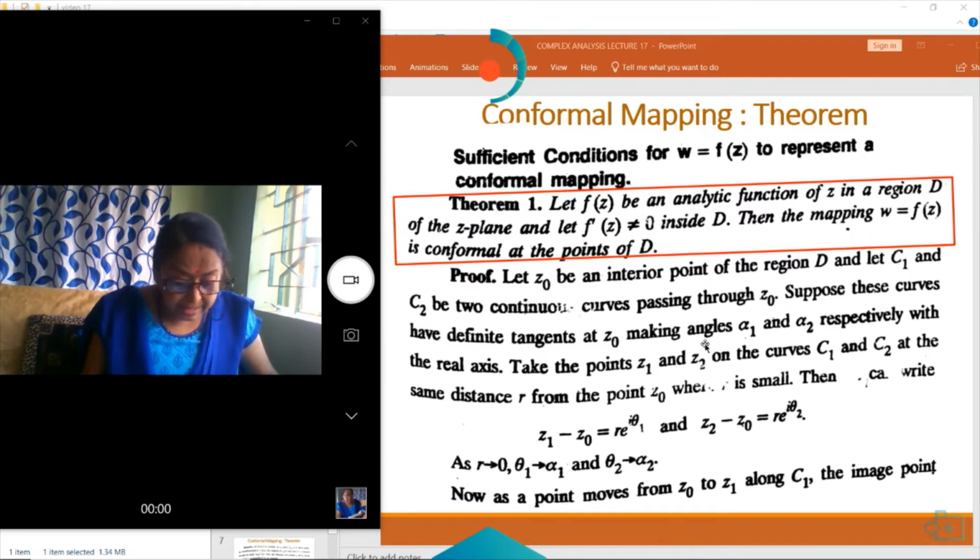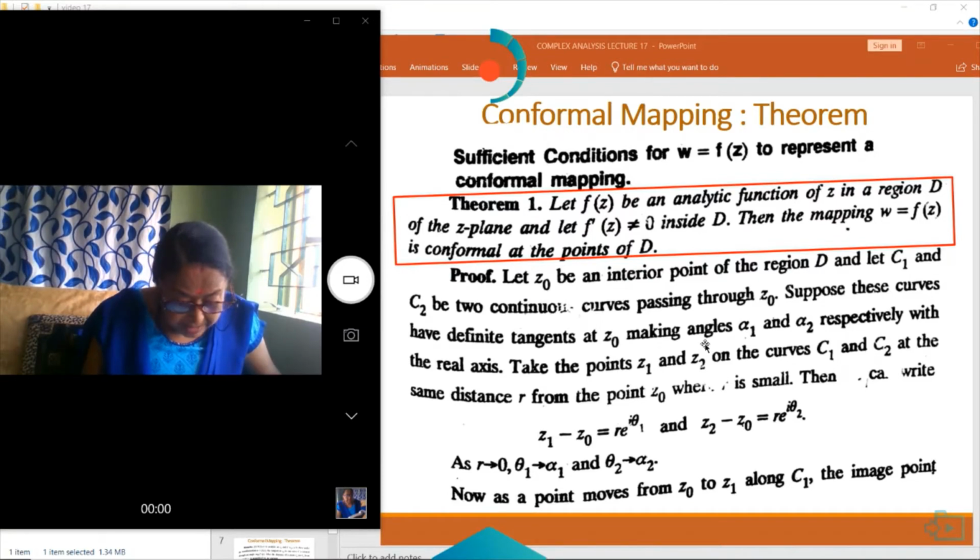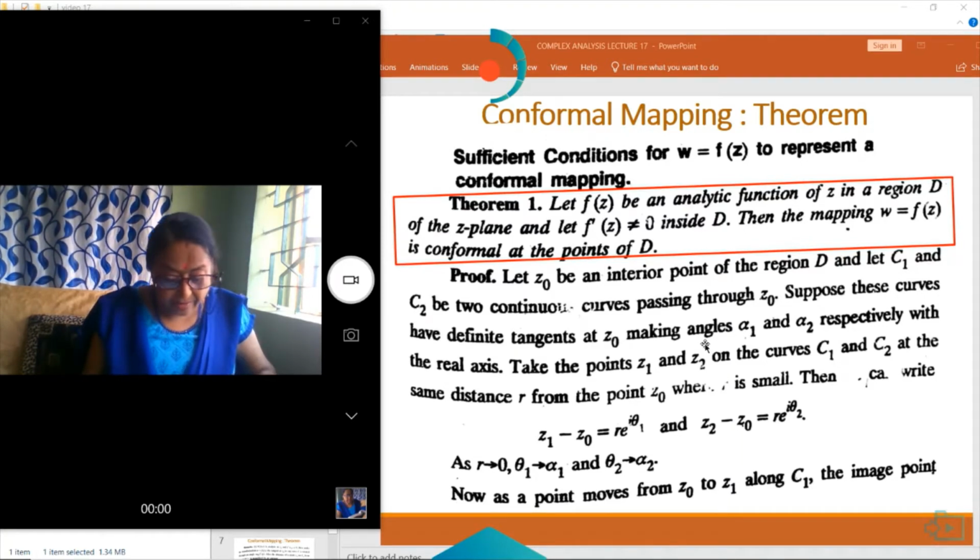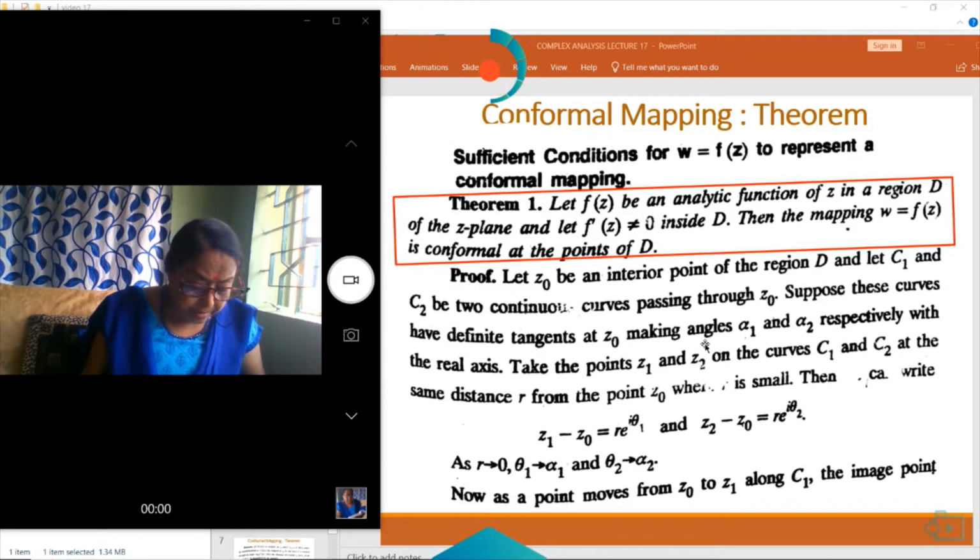Proof. Let z0 be an interior point of the region D, and C1 and C2 be two continuous curves passing through z0. Suppose these curves have definite tangents at z0, making angles alpha 1 and alpha 2 respectively with the real axis.